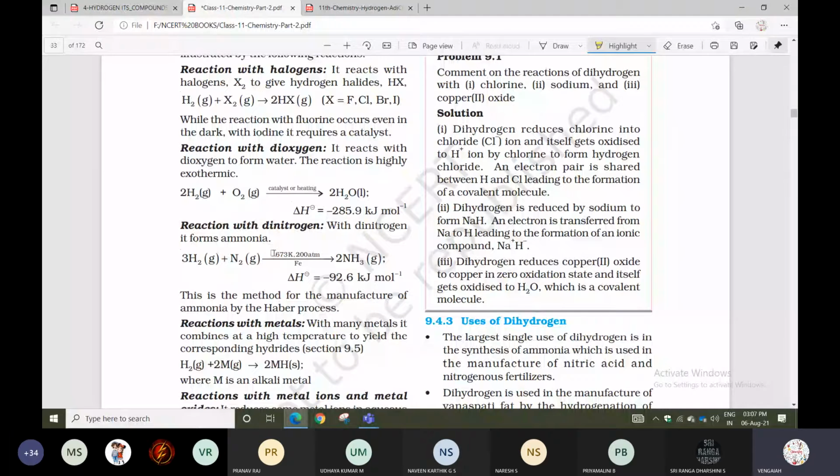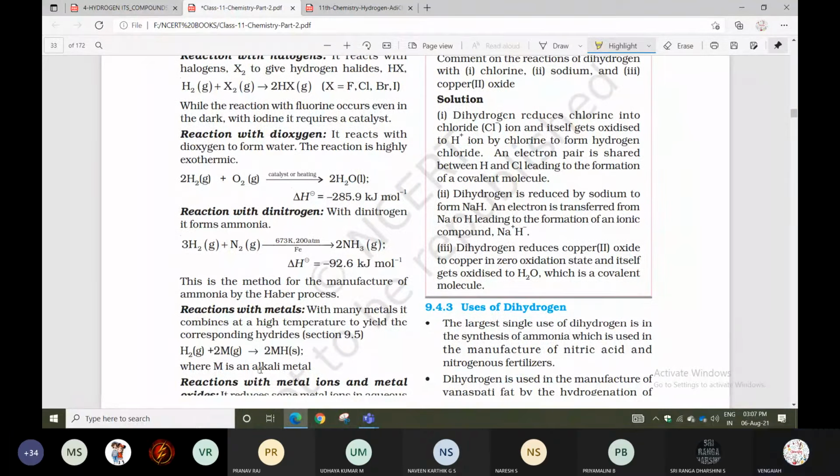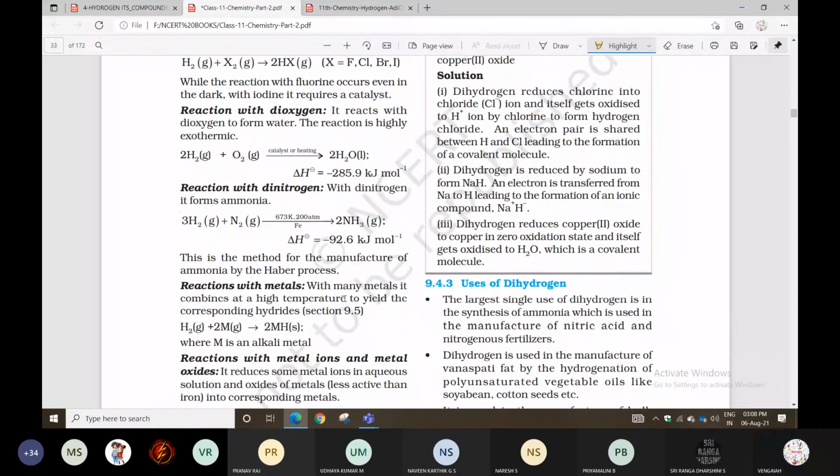Reactions with metal ions and metal oxides. Listen here. It reduces some metal ions in aqueous solution and oxides of metals into corresponding metals.